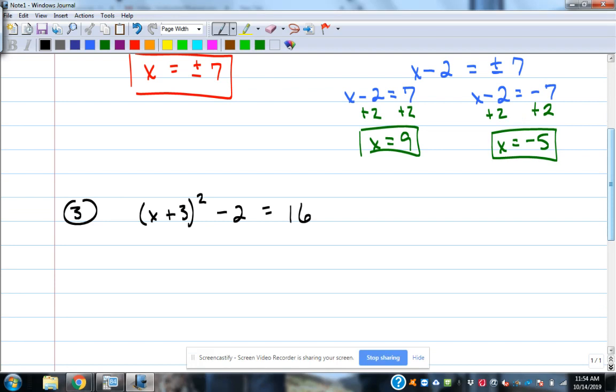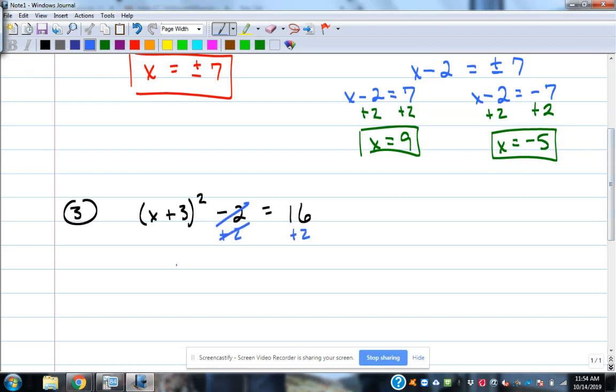A little bit different looking, but the idea here is to learn what you need to have it looking like so you can solve it by square root. So we want to get the squared part by itself. So what needs to move? The 2. So how do we move that 2? Add it to both sides.